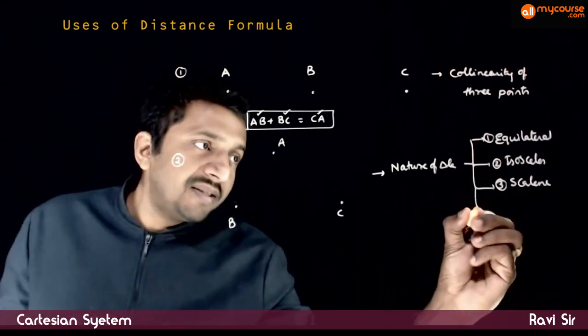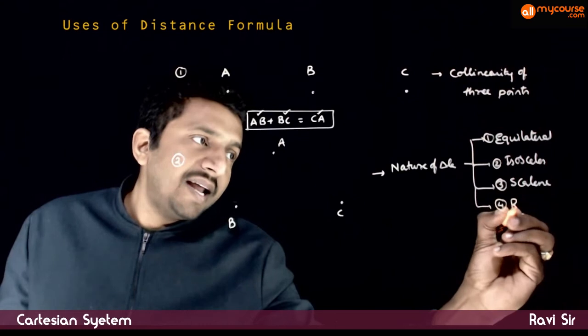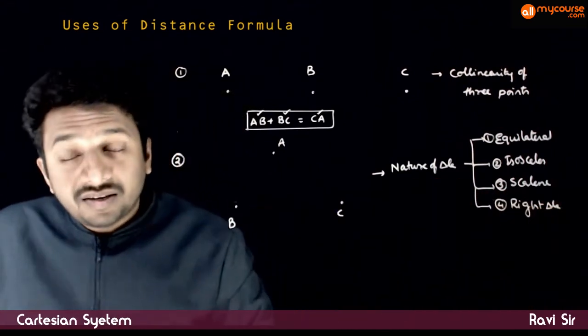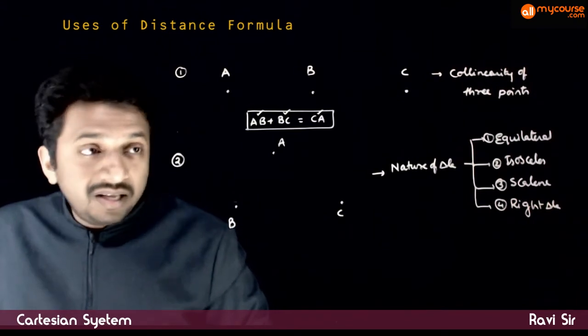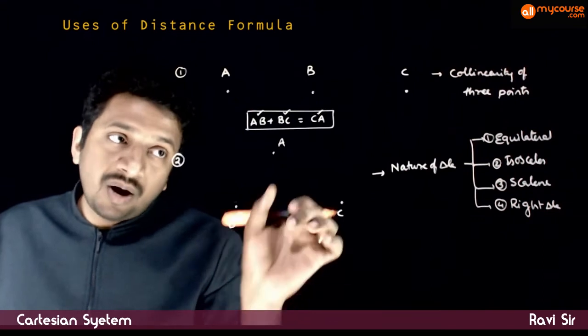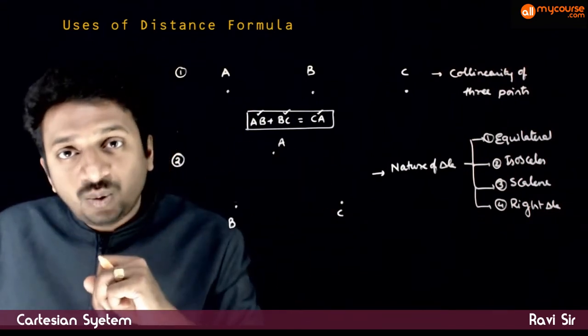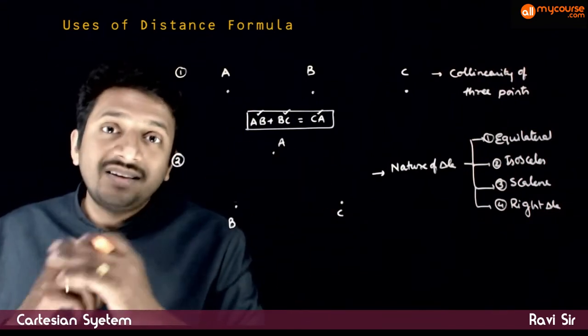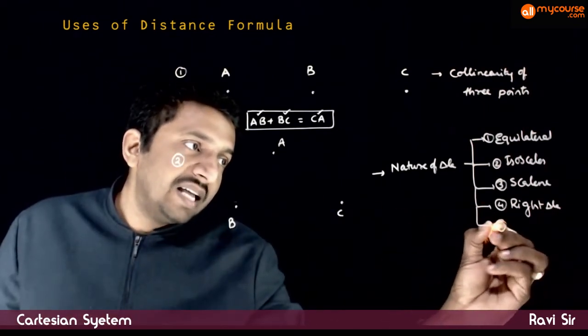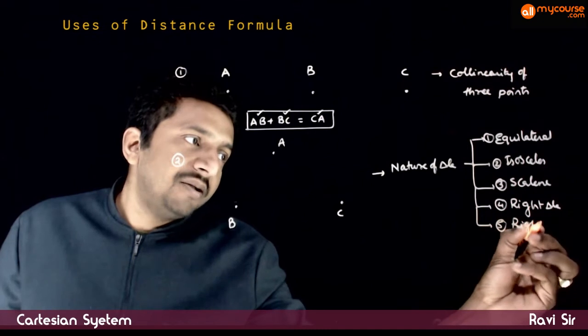You can also determine whether it is a right angle triangle or not. If the largest side squared is equal to the sum of squares of the other 2 sides, then it is a right angle triangle. Or you can also determine whether it is a right isosceles triangle.